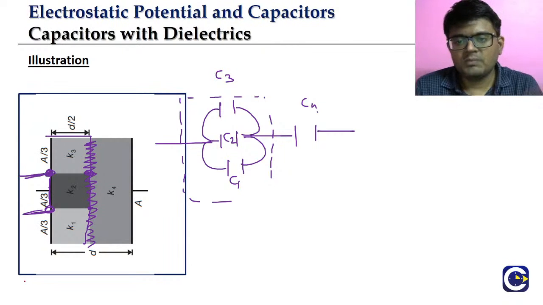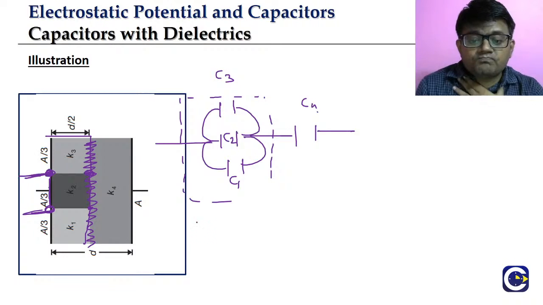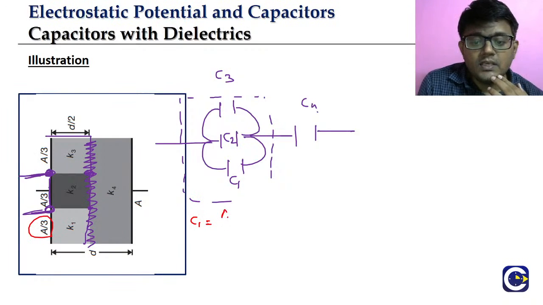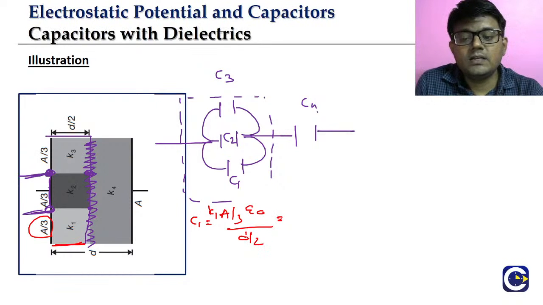That's all. Now look, we will write down these values separately. What is C1? It will be K1 A by 3 epsilon naught, and the distance between the plates is D by 2. Look at this, the 2 in the denominator goes to the numerator.